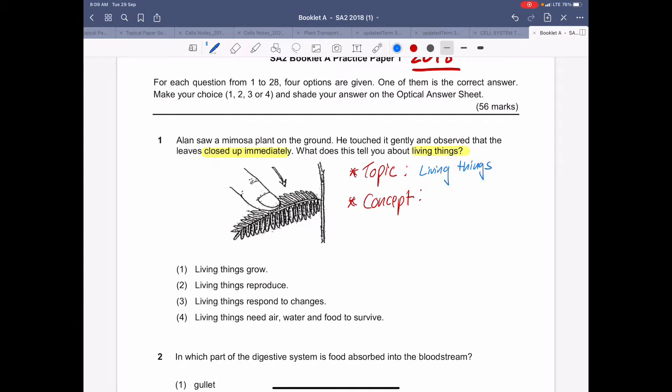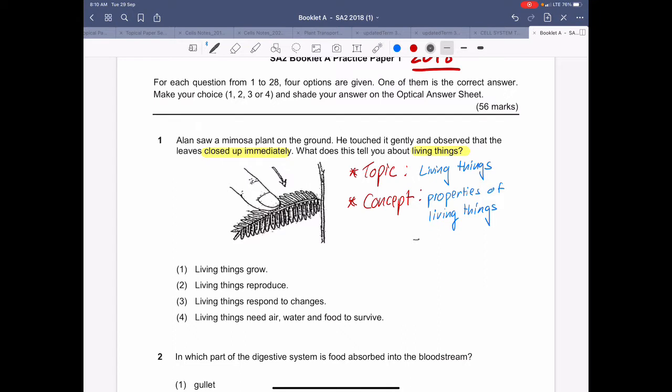Now, under living and non-living things, there are many concepts under classification. For this concept, what they are testing you would be the properties of living things. So how do you know that this particular object is a living thing? You know that because living things have certain properties.